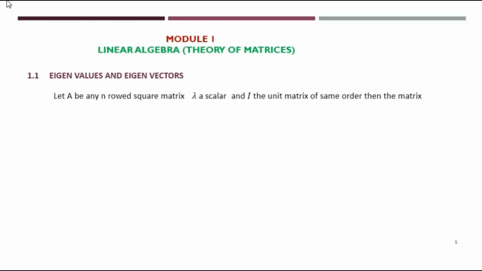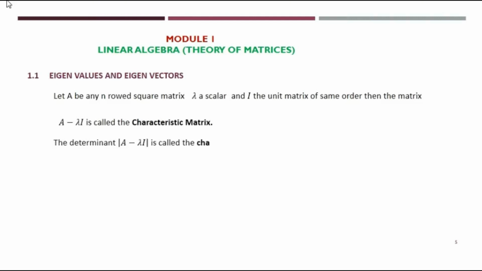Then the matrix A minus lambda I is called the characteristic matrix. Okay? So what is A? A is any square matrix, lambda is a scalar, and I is the unit matrix of the same order. Then the matrix formed by A minus lambda I is called the characteristic matrix.